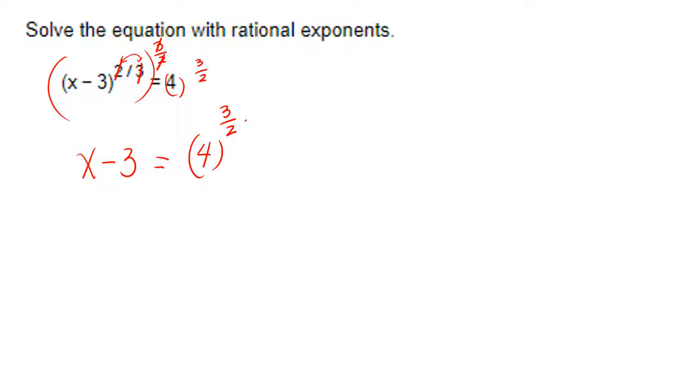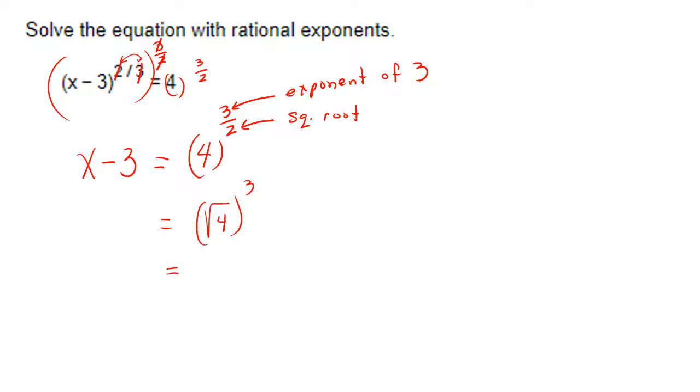Now this bottom number 2, the denominator, that means that I have a square root, and I also have an exponent of 3. You could put this in the calculator, as I said before, but be careful. Anytime you're solving and you take the square root of a number, then the square root of that 4 is plus or minus 2.